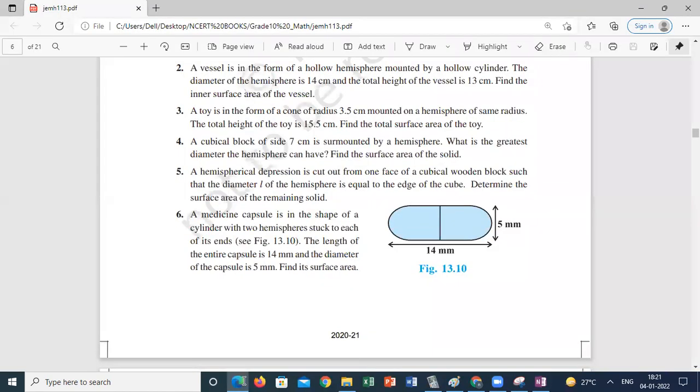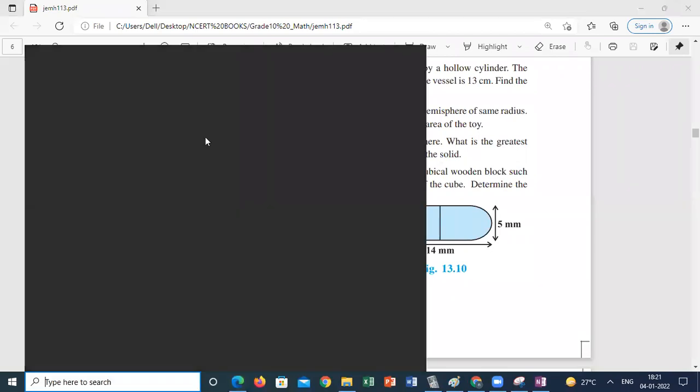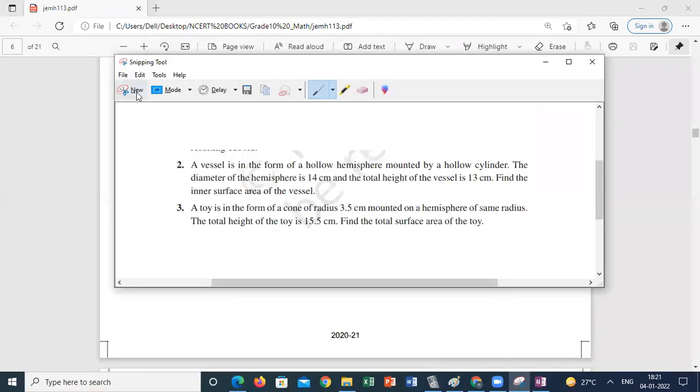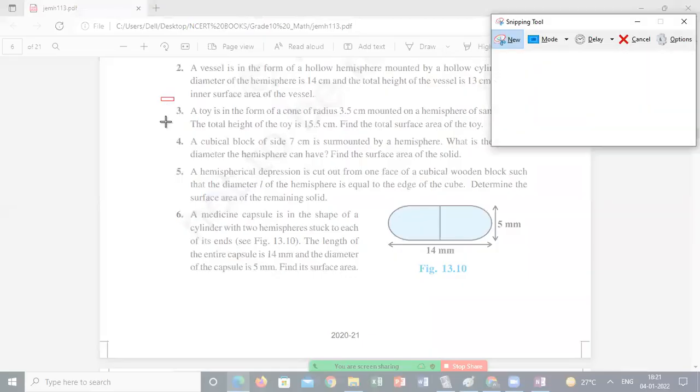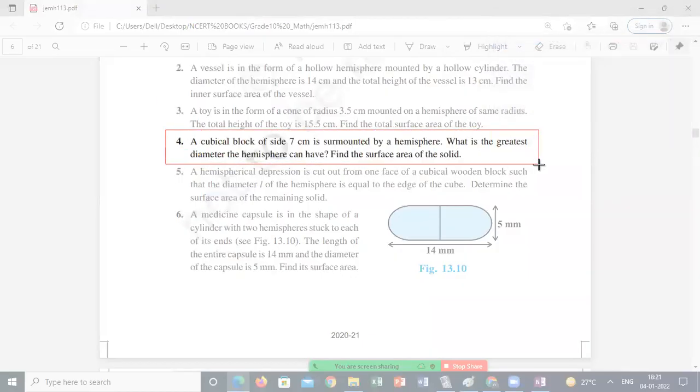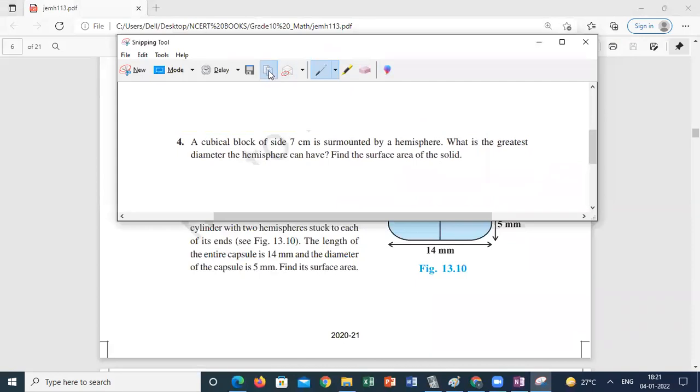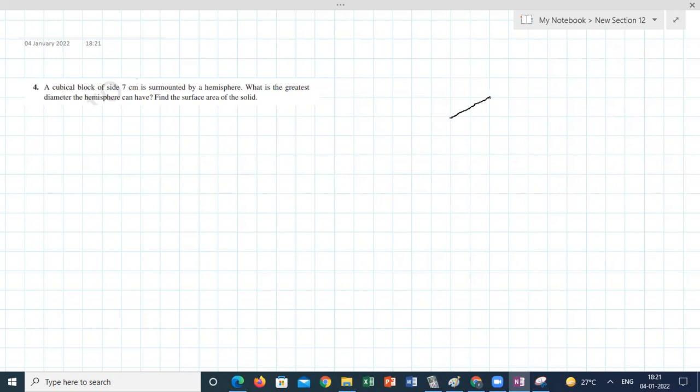A cubical block of side 7 centimeter is surmounted by a hemisphere. So there is a cubical block. That means there is a cube of 7 centimeter.